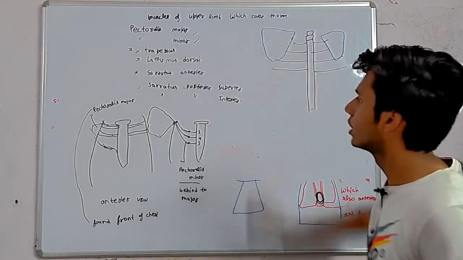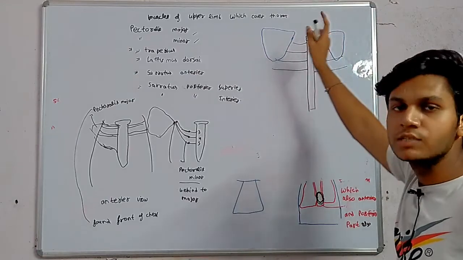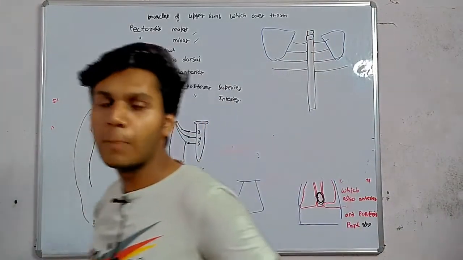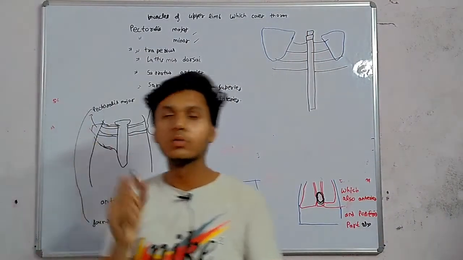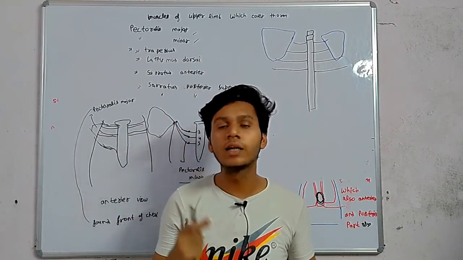So we know there are 3 muscles which attach to the scapula, already known in the upper limb. The 3 muscles are rhomboides major, minor, and levator scapulae.